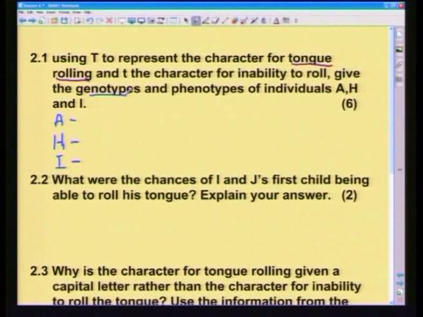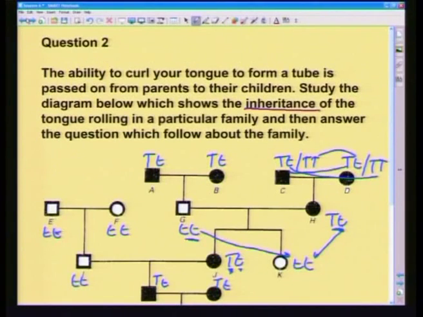So the genotype for A, let's look. A was capital T, small t, H is capital T, small t, and I is small t, small t.